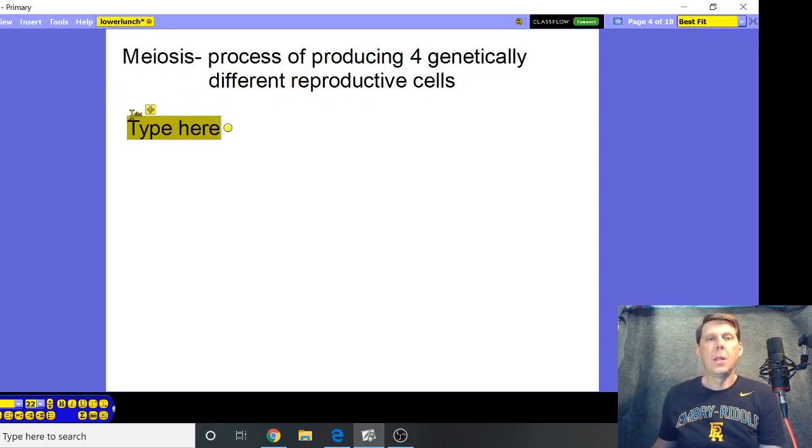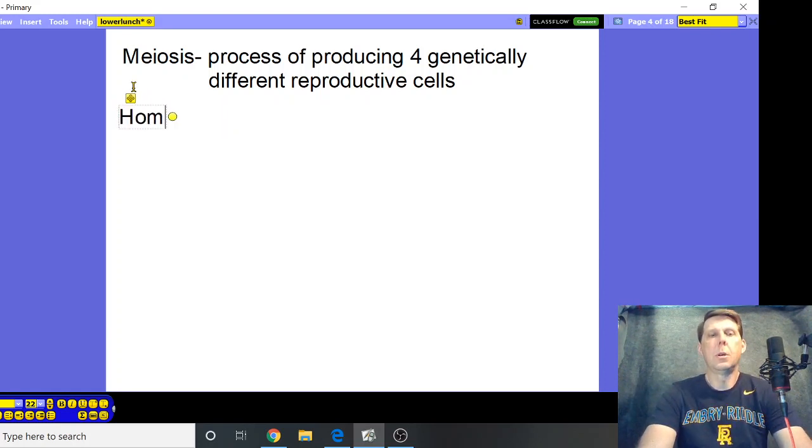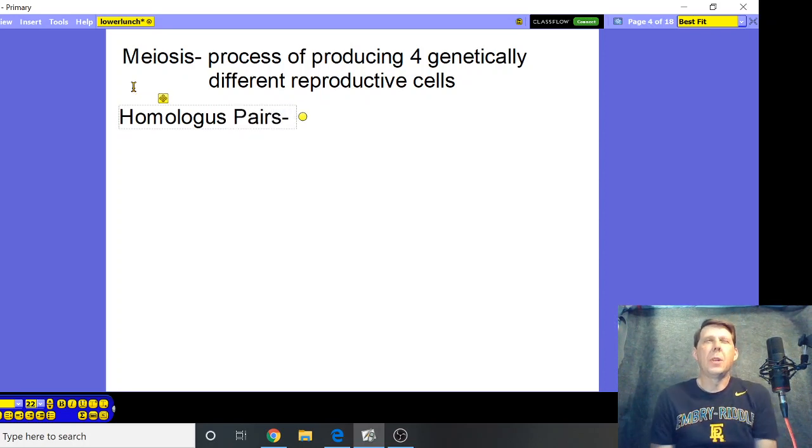Another new term we learned yesterday was homologous pairs. Think about yesterday. What was that? That happened in Prophase 1 when the genetic material was able to leave the nucleus because the nuclear membrane broke down.